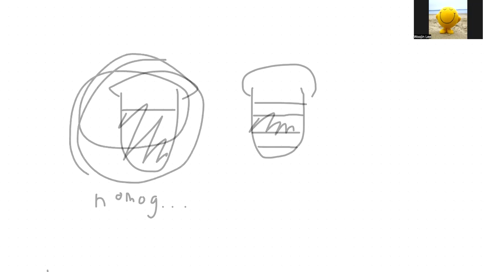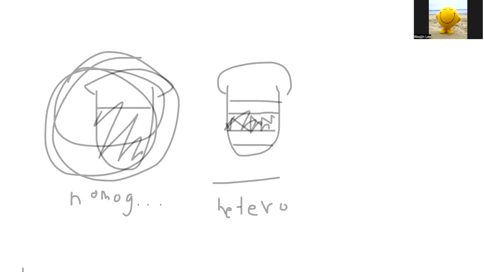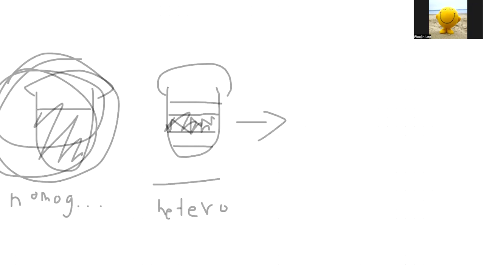However, with a heterogeneous mixture, hetero, you can visibly see that it is not uniform, usually because of density differences. And a good example I remind myself of is that heterogeneous, okay, that's a chocolate chip cookie. You can visibly see that there are chocolate chips in the cookie that make it not look uniform.